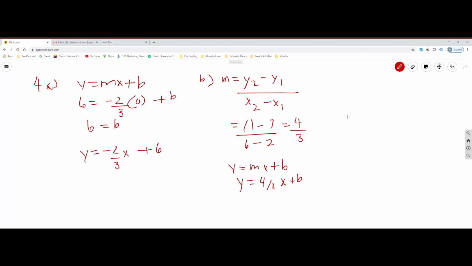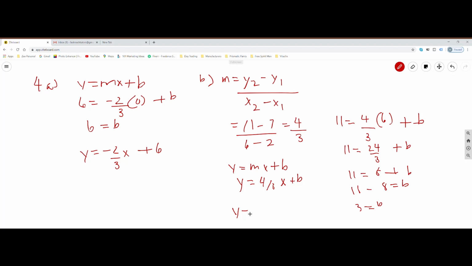So we use the points 11 and 6. So 11 equals 4 over 3 times 6 plus b. 11 equals 24 divided by 3 plus b. 11 equals 8 plus b. 11 minus 8 equals b. 3 equals b.